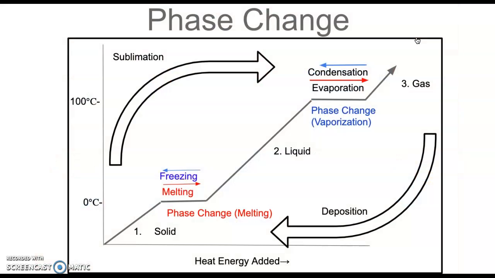So this phase change graph has been used a lot, and I like to use water because it's a known object that can go through all three states on Earth. So if you have frozen water, it's solid, and when you're moving from a solid to a liquid, like I said, you're holding it in your hand, it doesn't change temperature until it's melted. Once the ice is melted, then it can start to increase in temperature over 0 degrees.